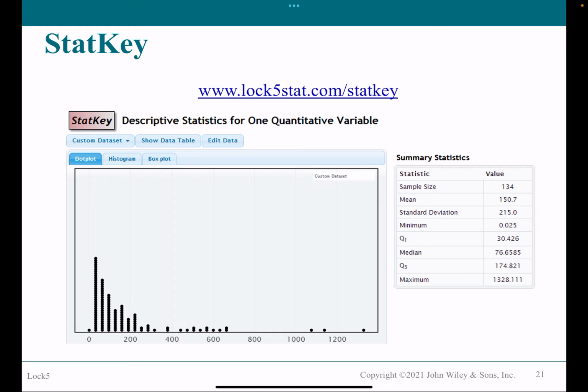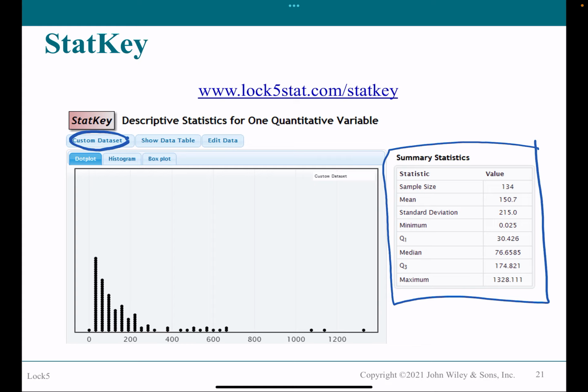You can simply pick the data set using this drop down menu. Once you do that, on the right hand side of your screen there's a table. It says summary statistics. In that table, they have given the sample size, mean, standard deviation, minimum, maximum, Q1, Q2 or median, and Q3.